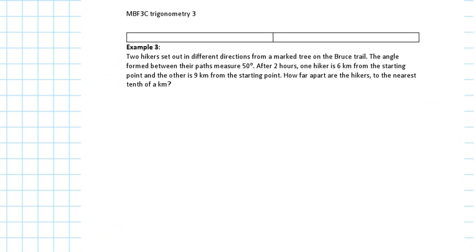Okay, can I have 2 volunteers? I need one more. You guys are not going to do anything special. Okay. Come. All right. I'm the marked tree, and these are my 2 hikers. Come stand right here in the middle.